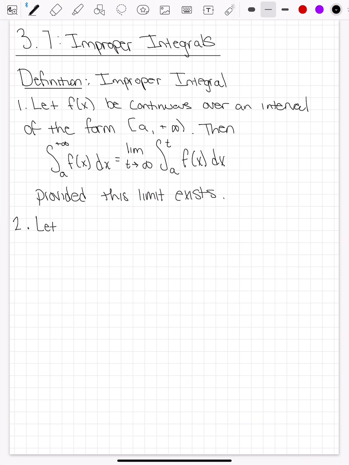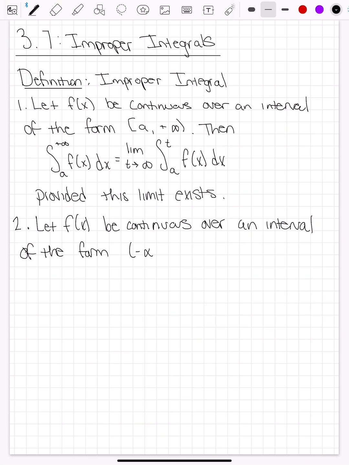So let f of x be continuous over an interval of the form negative infinity to b.